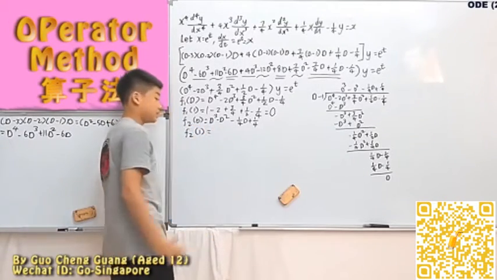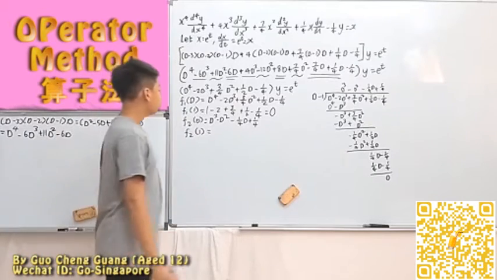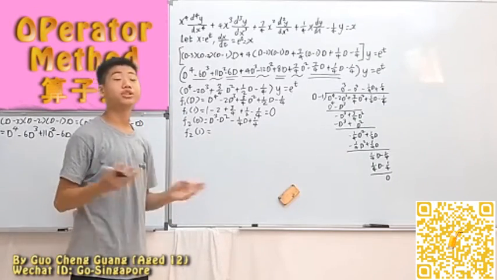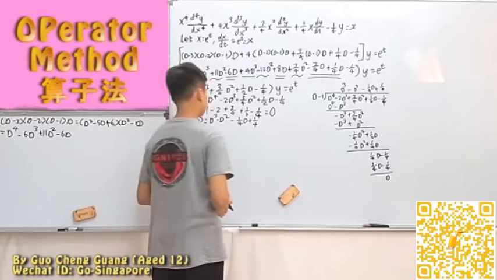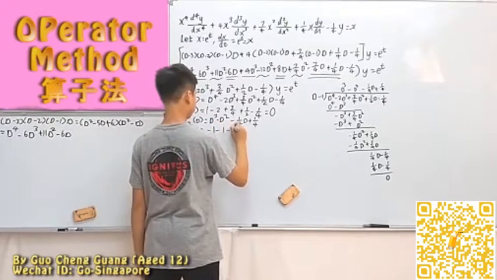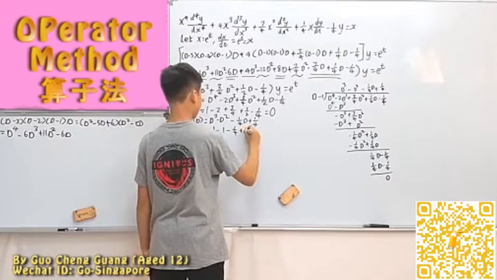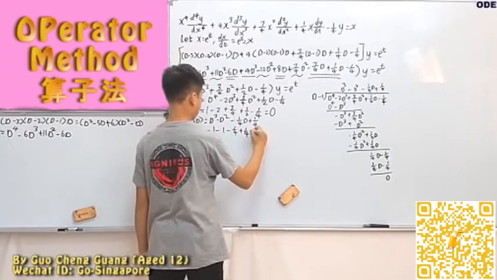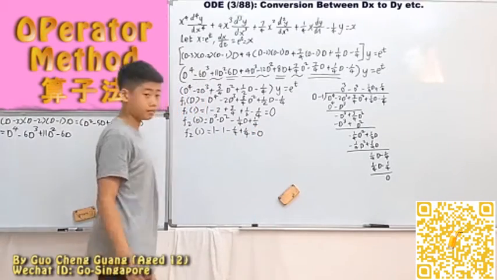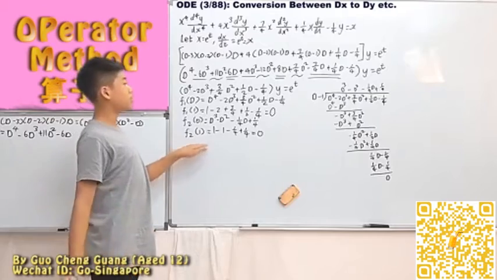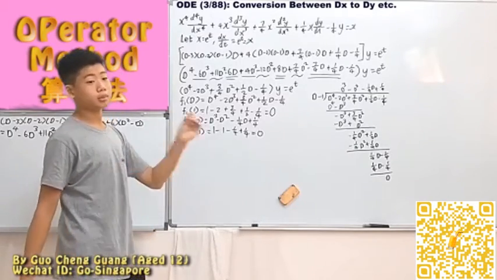So this is the part where we need to use the factor theorem. Then after that, we just start with 1. Perhaps we just try it again. And these two cancel out, these two cancel out. You get a 0 again. So that means here, you can have another D subtract 1.